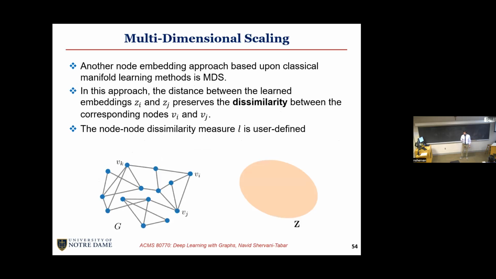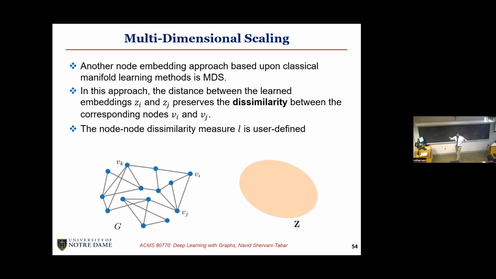A second method is multi-dimensional scaling, again coming from manifold learning. It's a classical method. The idea here is that we have some nodes and we have learned some node embeddings. And what we want to do is to preserve the distances between two nodes.